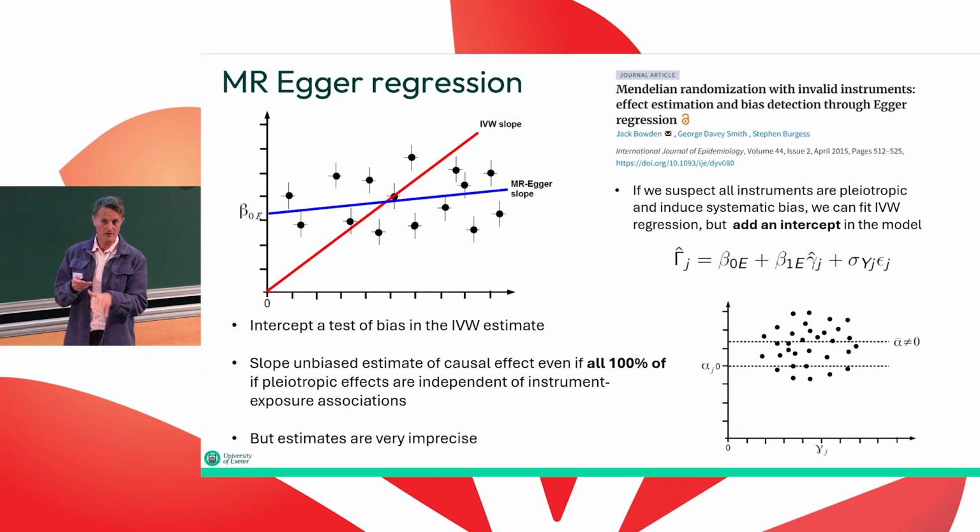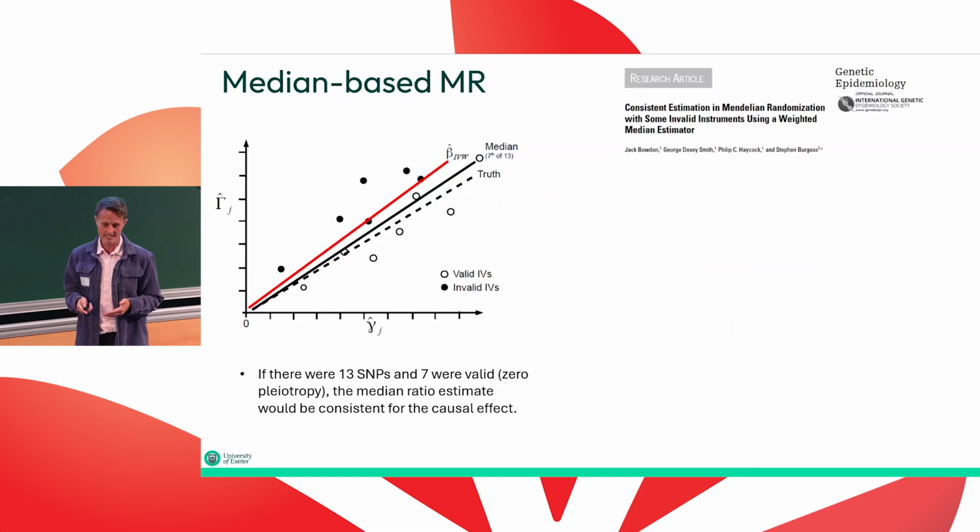And the slope adjusted for a non-zero intercept is an unbiased estimate for the causal effect if those pleiotropic effects are independent of how strong those variants are collectively as instruments, even if the pleiotropy is inducing a non-zero systematic bias in the data. Now, this method gives you very imprecise estimates. So after it was proposed, lots of people realized this and thought about proposing other methods that could give you more precise estimates when applied to data.